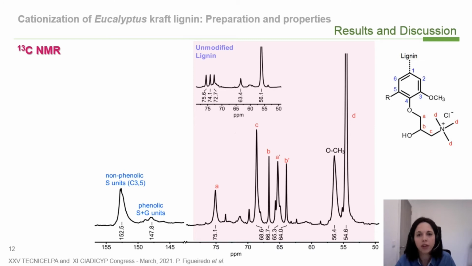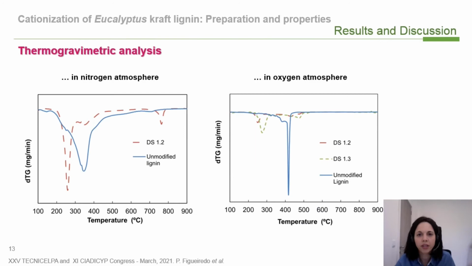The successful modification was also confirmed by the prominent new signal at 54.6, which has been assigned according to the literature to the methyl groups attached to the quaternary ammonium nitrogen atom. Thermogravimetric analysis revealed clear differences between the parent and cationized lignins.